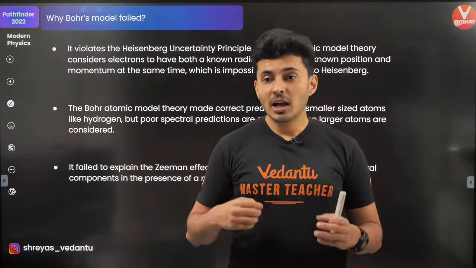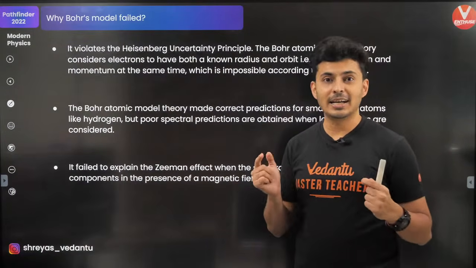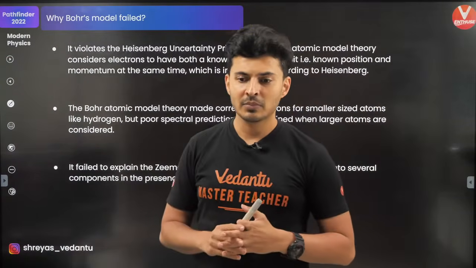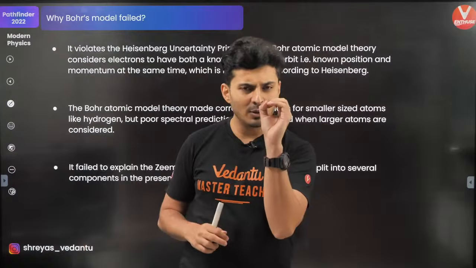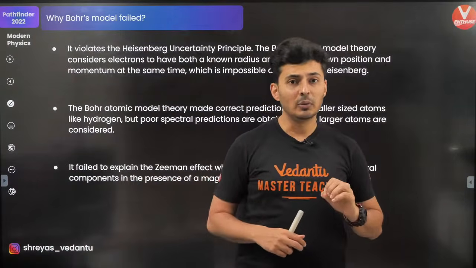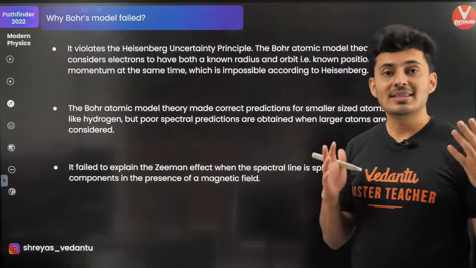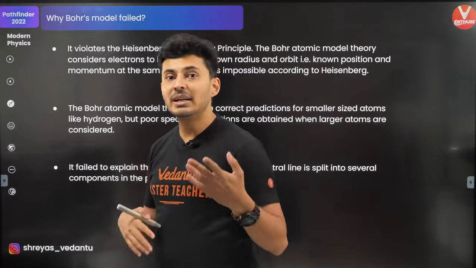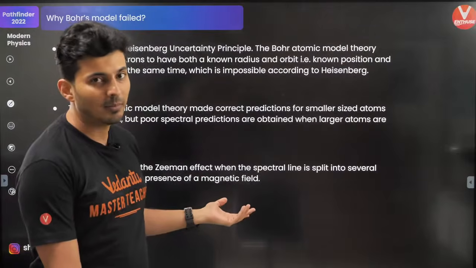So even for the hydrogen atom, when you do detailed calculation, the values are slightly different from what Bohr calculated. But Bohr's model is valid for very small atomic numbers. Number two, there is something called the Zeeman effect, where the spectral lines also split, and that splitting of spectral lines could not be explained by Bohr.